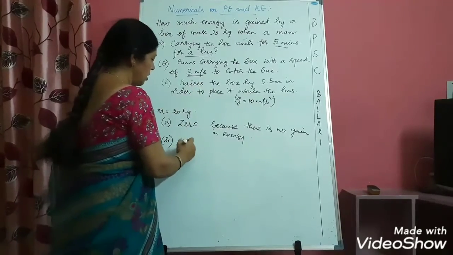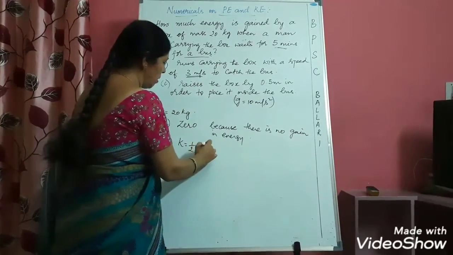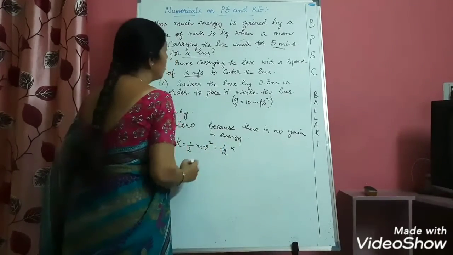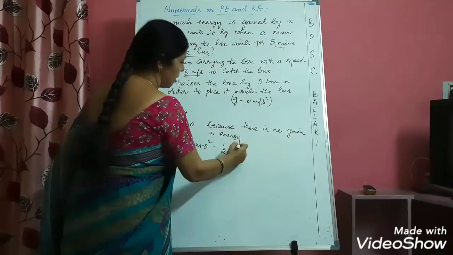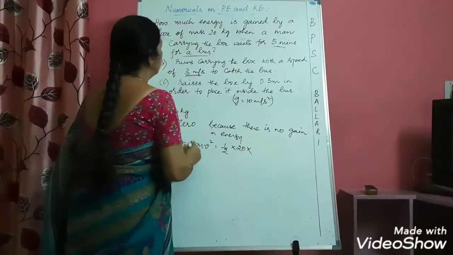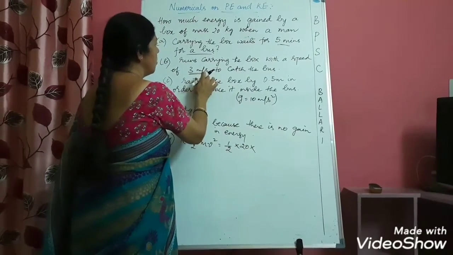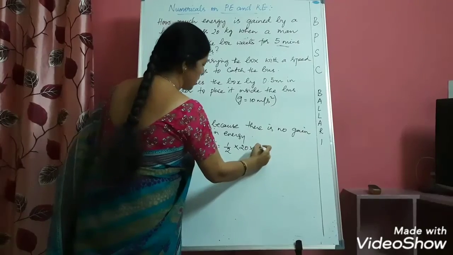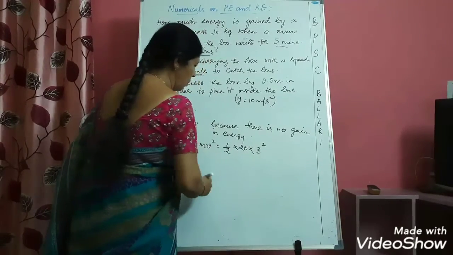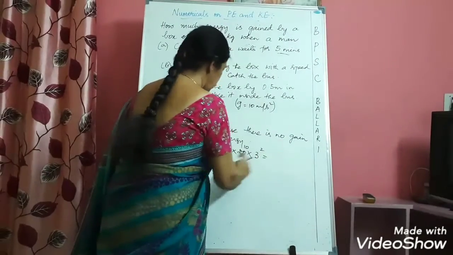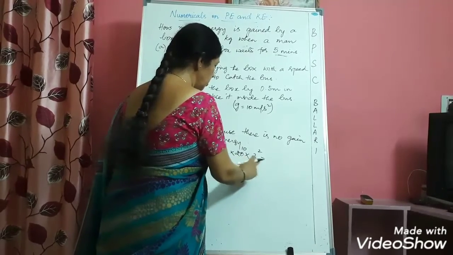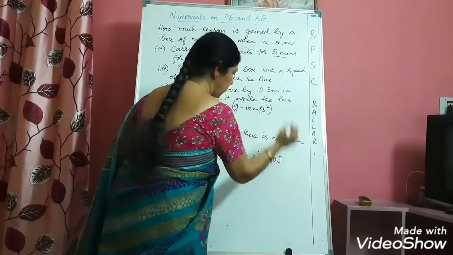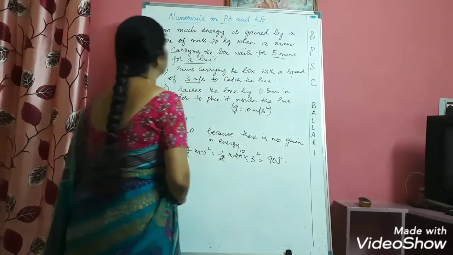Kinetic energy is equal to half mv square, that is half into 20 kg, the mass of the box, into the velocity 3 meters per second, squared. So half into 20 into 3 square will be equal to 90 joules. This is the gain in energy.